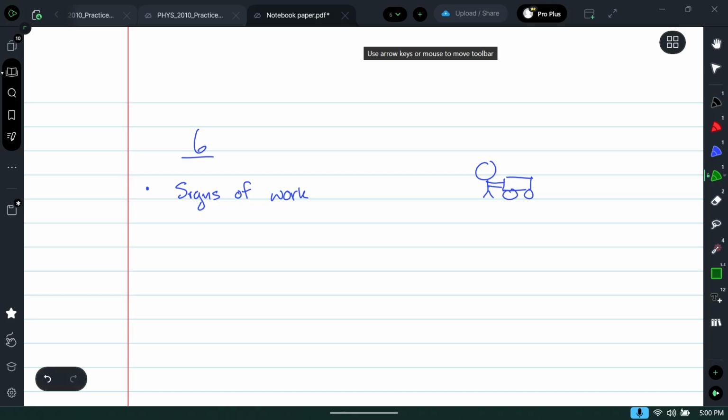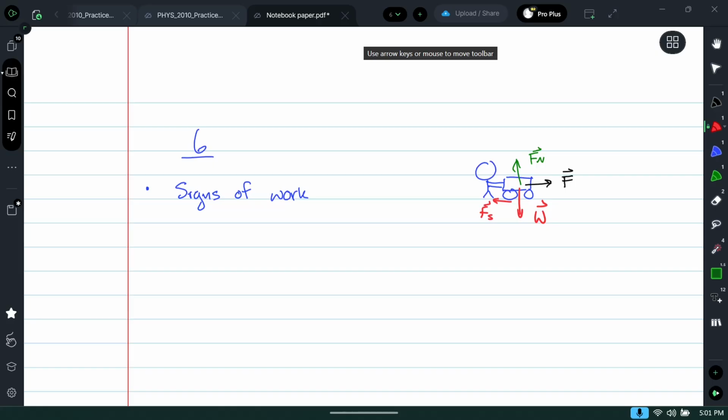There's a normal force. It has some weight to it. He's pushing on it, I'll just call that F. There's some friction. So the question is just what kind of work is each force doing?